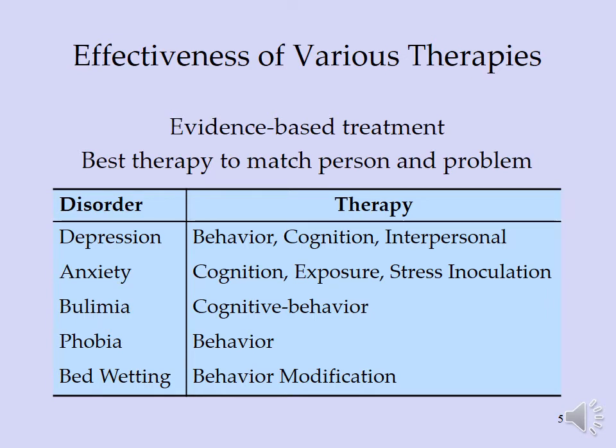By the way, interpersonal therapy is where they work on the person's relationships, either improving relationships that they have or maybe establishing new relationships that help the person come to grips with things. If the person has a phobia, though, generally speaking, they found that only behavior therapy really is effective. So it just depends upon the type of problem as well.